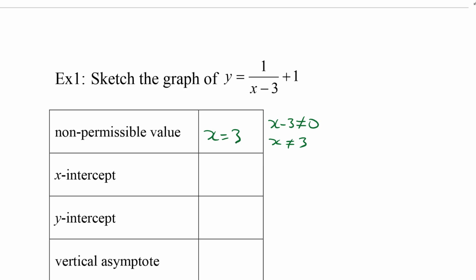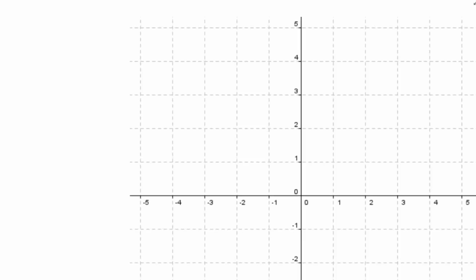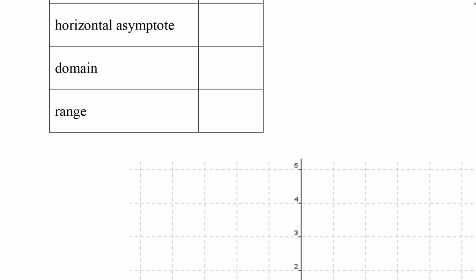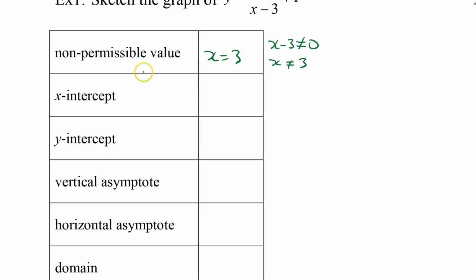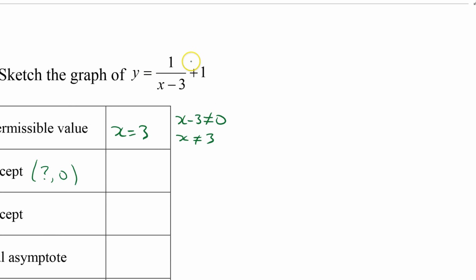What is our x-intercept? On a graph, the x-intercept is where something crosses the x-axis. So we want to find out what the x value is when the y value is equal to 0. The way to do this is to put in a 0 value for y. So 0 is equal to 1 over x minus 3, plus 1.